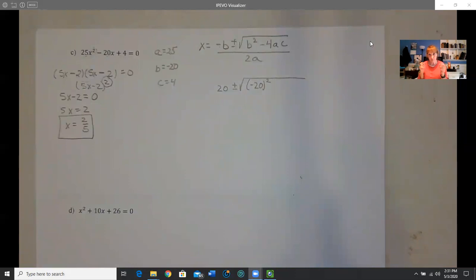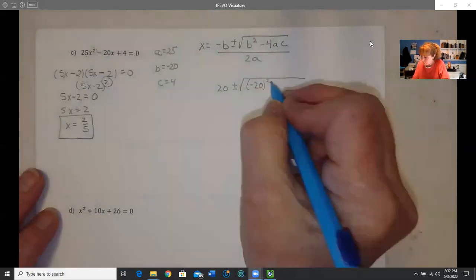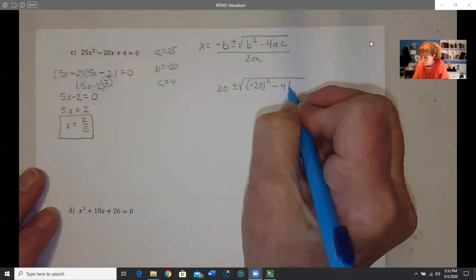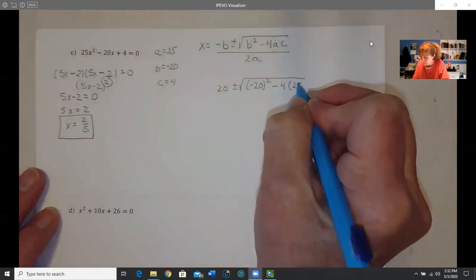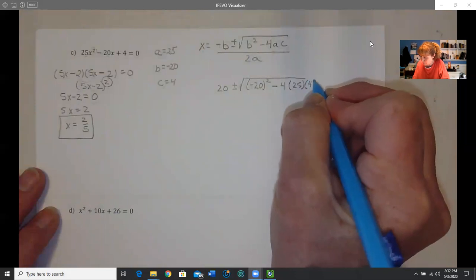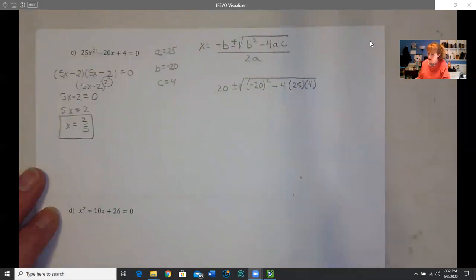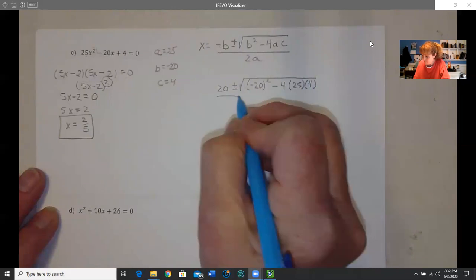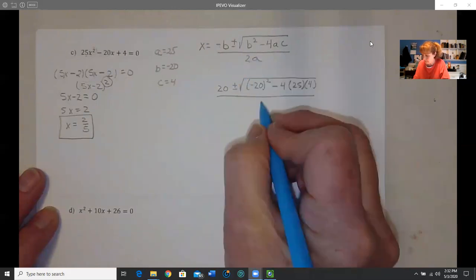But if you put that negative in, you're going to have to use parentheses so that the calculator knows to square the negative as well. So then we have minus 4. The A is 25 and the C is 4. Great. Okay, all over, don't forget your 2A.